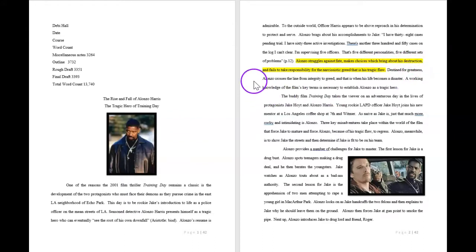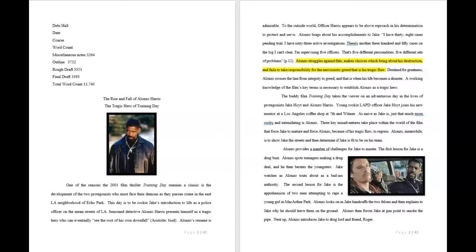And the reader knows that the last section of the essay shows where Alonzo fails to take responsibility for the narcissistic greed that is his tragic flaw. And that is why Alonzo qualifies as a tragic hero.